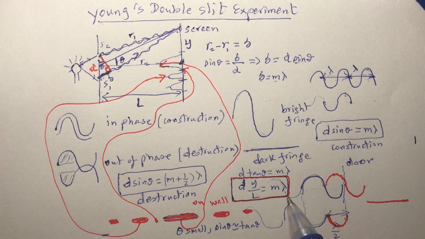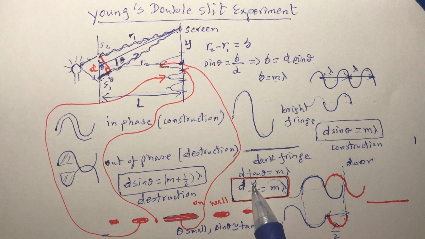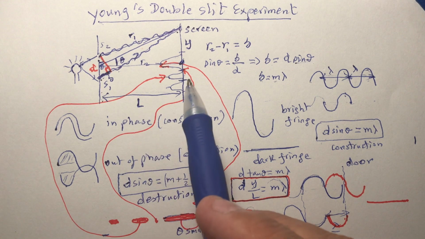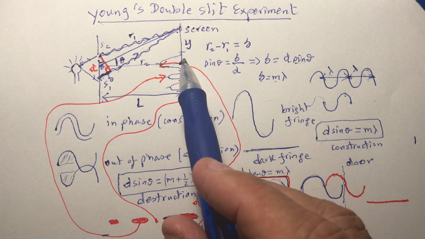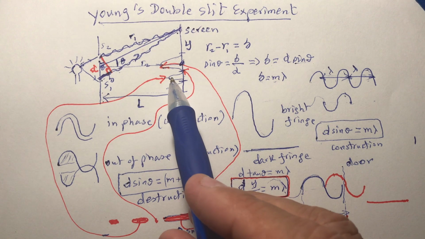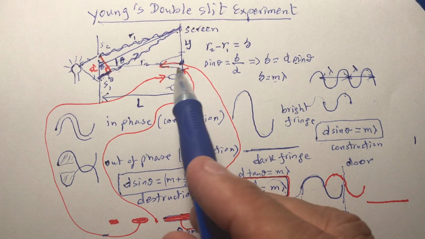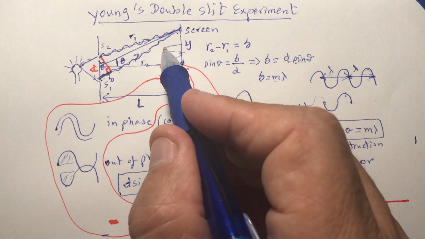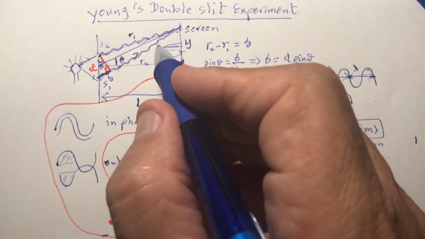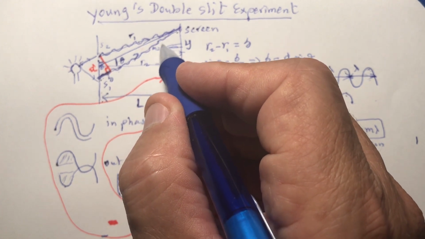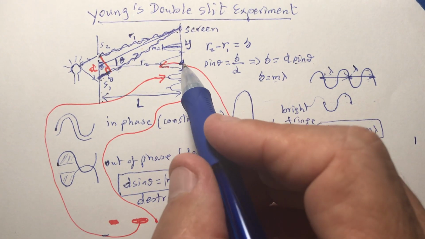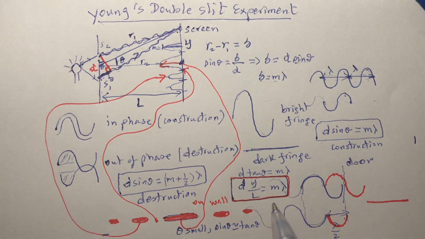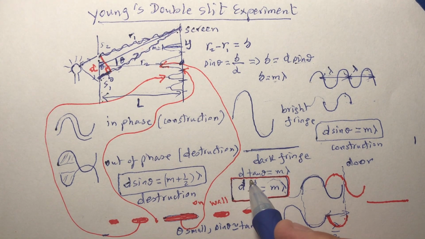So how are you going to know lambda? You just go and measure from here to this. Let me make a bump here, and this is m equal to 1. So I measure from here to here, that distance, and that will be y. So I know y.